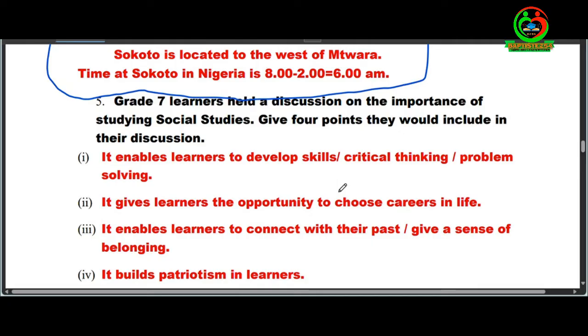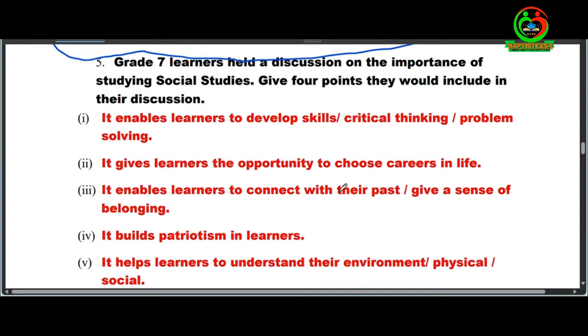Grade 7 learners held a discussion on the importance of studying social study. Give 4 points they would include in their discussion. 1, to enable learners to develop skills, critical thinking, and problem solving. Give the learners the opportunity to choose a career in life. It enables the learners to connect with their past, gives a sense of belonging, builds patriotism in learners.